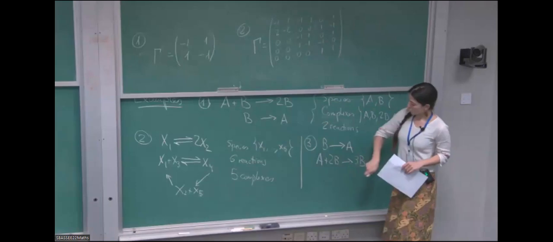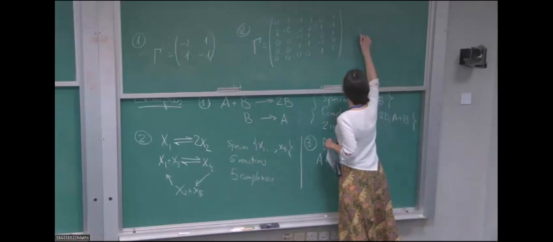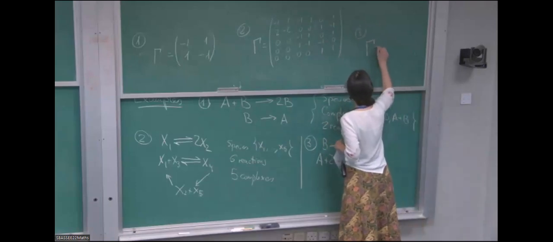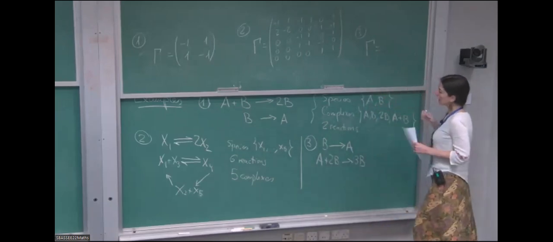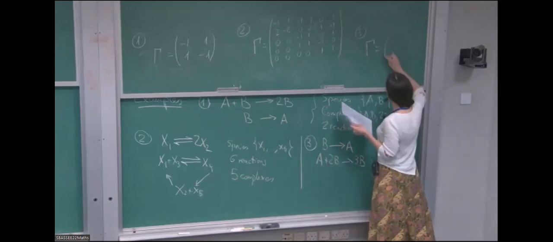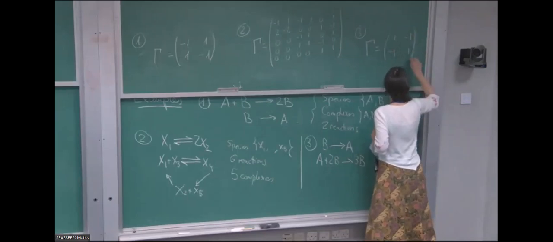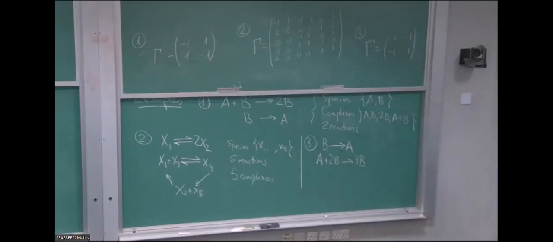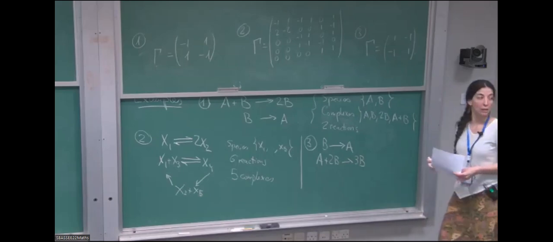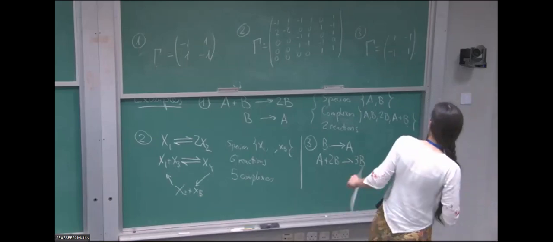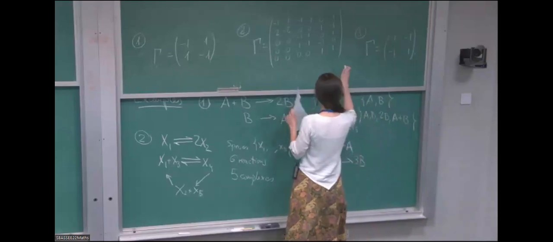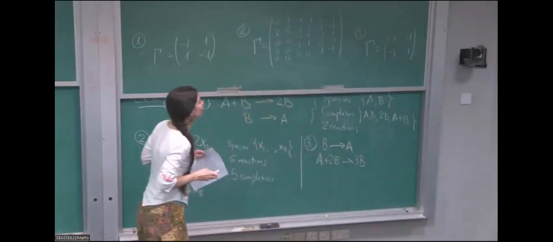Now for the last one, I get a matrix that is very similar to the first one, just signs change. In this last column, yeah, definitely. Last one. Thank you.